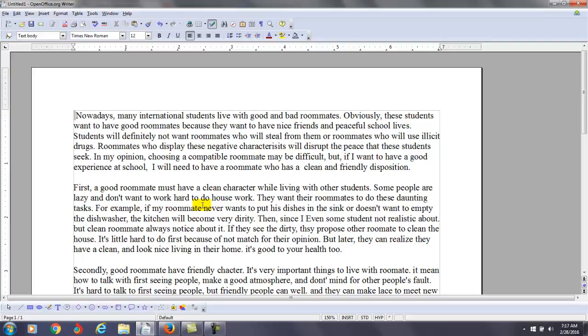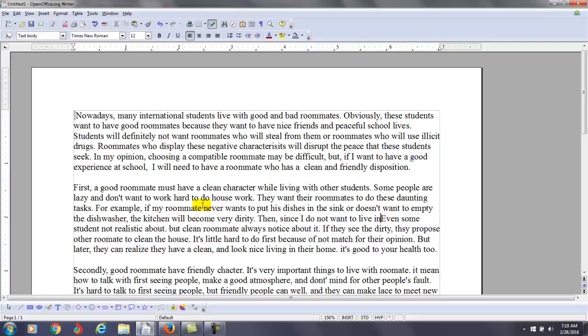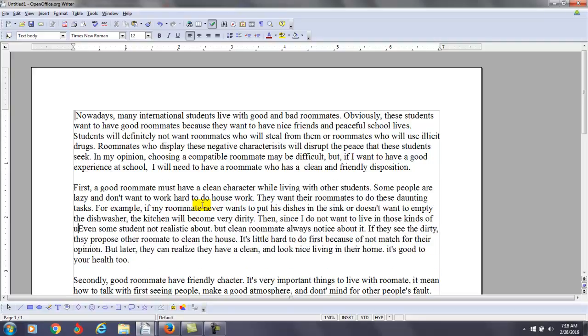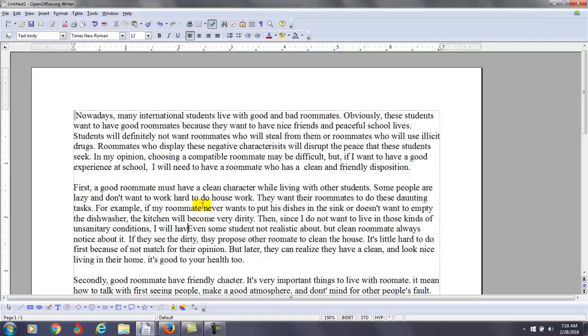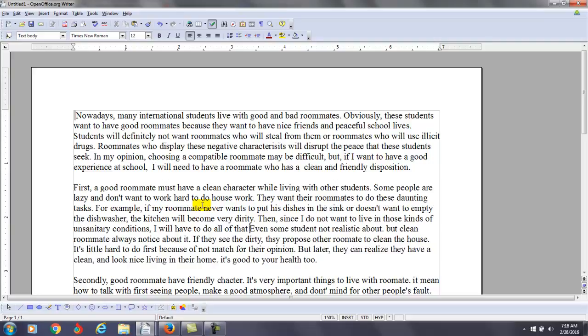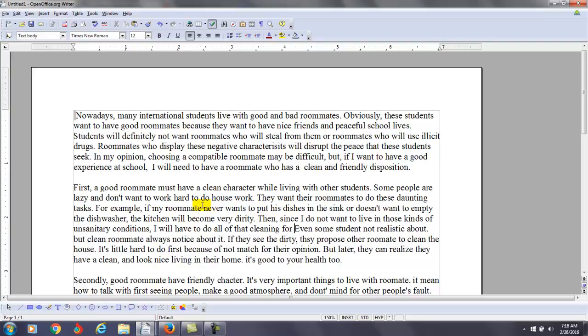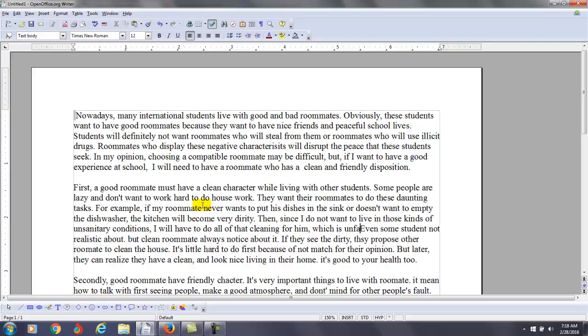Then you might say, since I do not want to live in those kinds of unsanitary conditions, I will have to do all of that cleaning for him. Which is unfair.